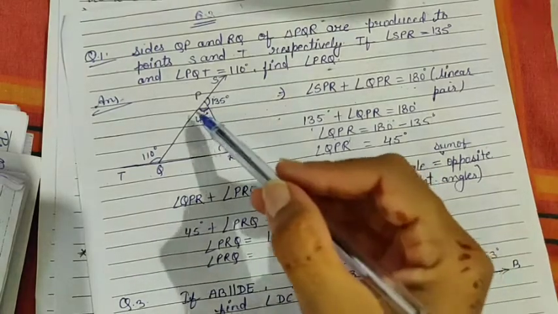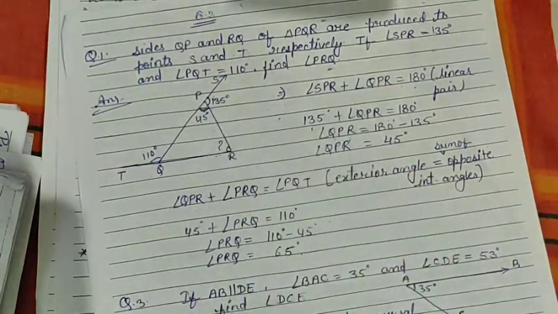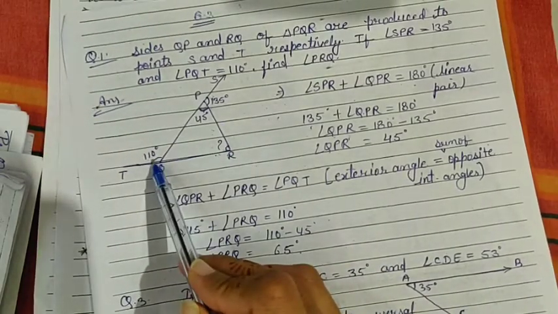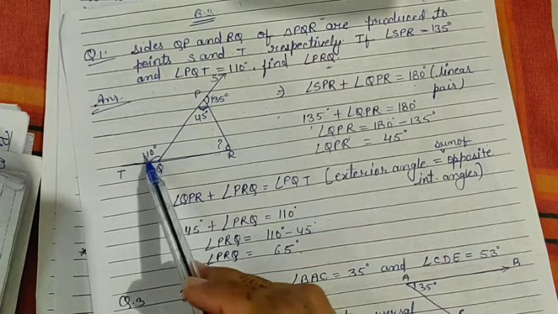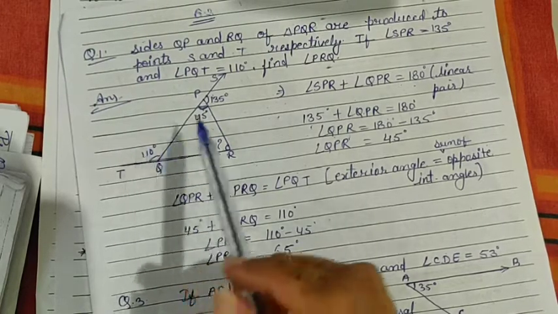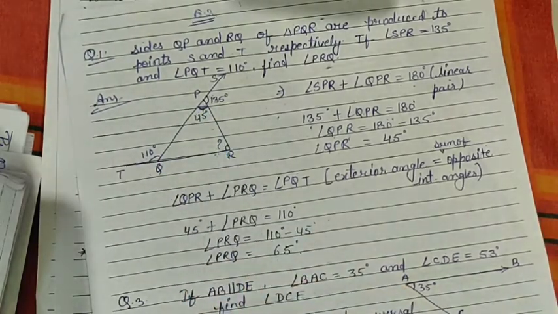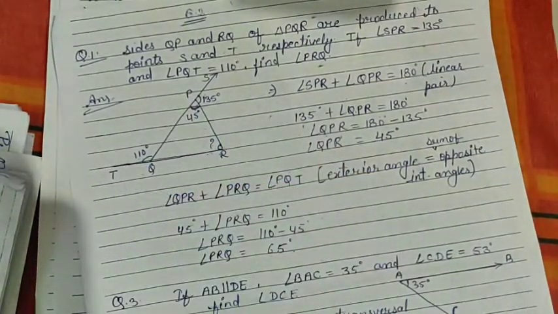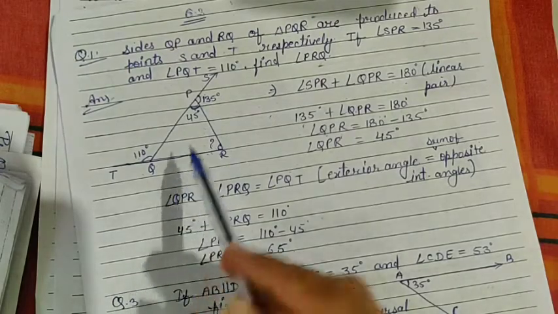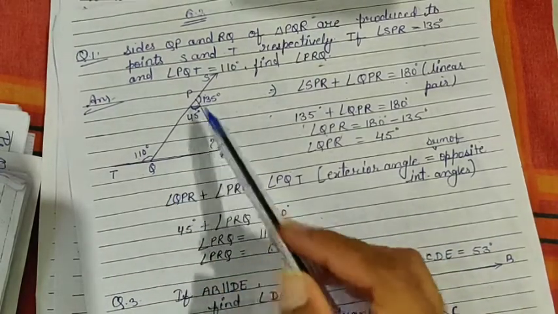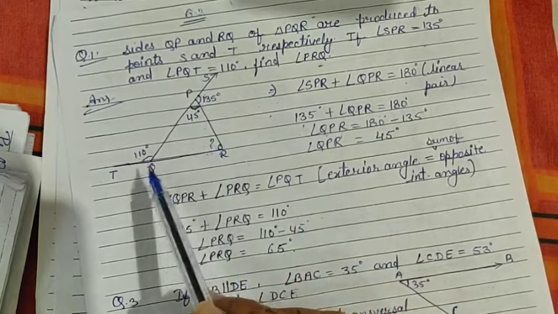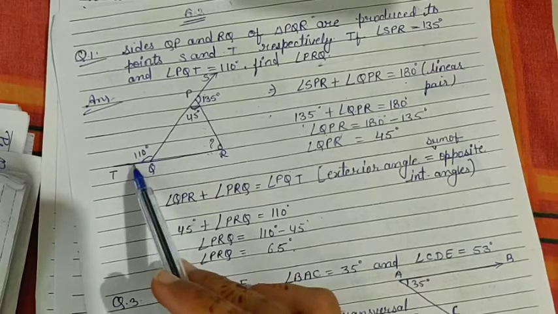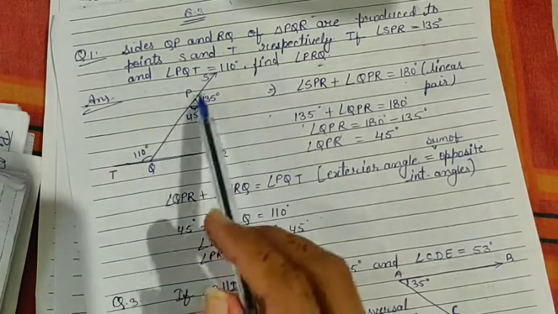When this angle is 45 degrees, how will we find this angle? This is an exterior angle of this triangle, and we know that an exterior angle of a triangle equals the sum of the opposite interior angles. So these two angles are the opposite interior angles of this exterior angle. It means angle QPR and angle PRQ, these are the two opposite interior angles of this exterior angle PQT.